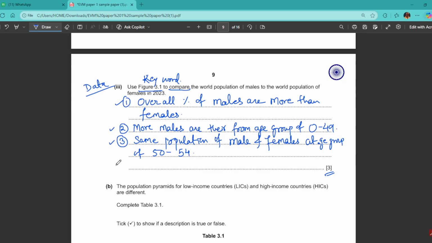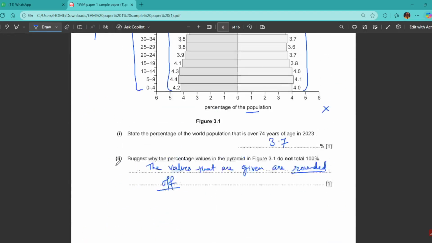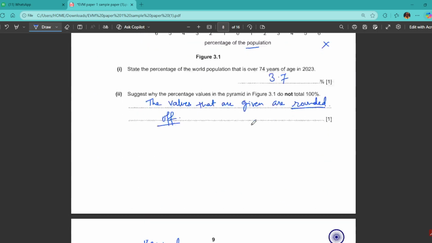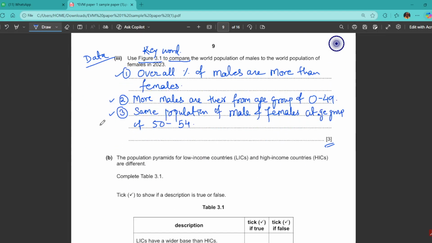We can write one more thing. Above 55, if you see now after 2.8, here you can see 2.4, 2, 1.7. The males are decreasing than the female. So this trend you should read from the graph very easily, and this will come only from practice.